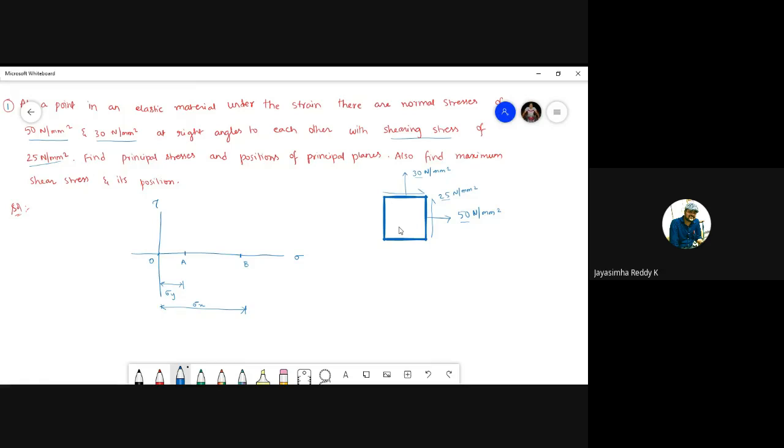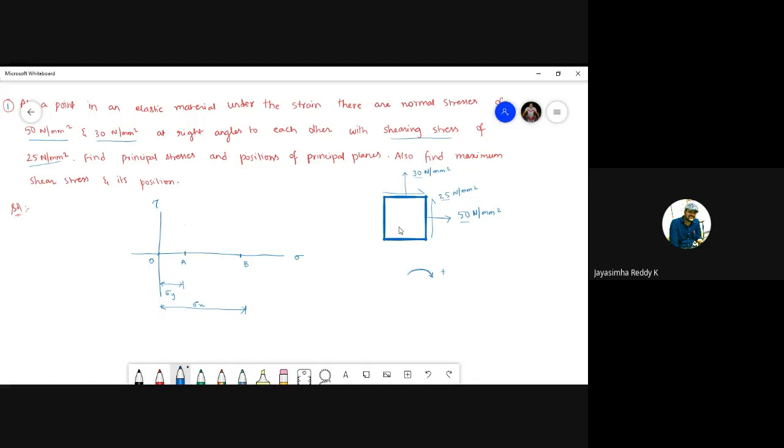See here, point A is based on sigma y. At sigma y, see the shear stress. How is this shear stress? It is generating a movement in clockwise direction, so take this as positive. Positive is upwards, so upwards you just mark 25 over here like this.